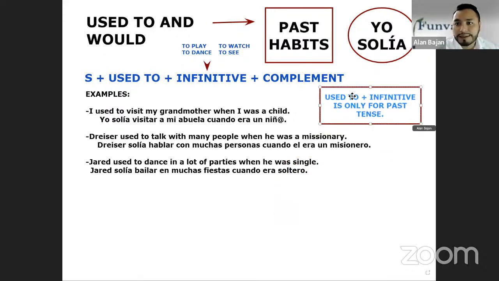It's only for past tense. Remember, please.